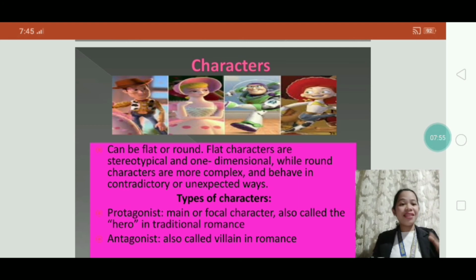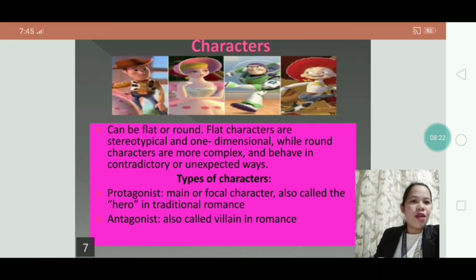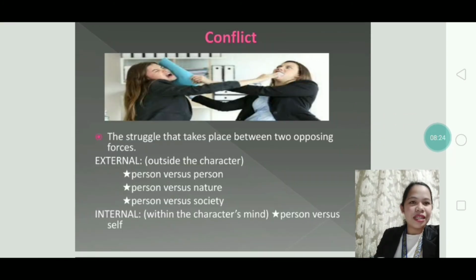And who is the antagonist of that series? Among all the antagonists, just choose one super duper main villain. Who? Yes, I want to call Mr. Bryant. Okay, Voldemort. Very good. Now let's proceed to the next topic.